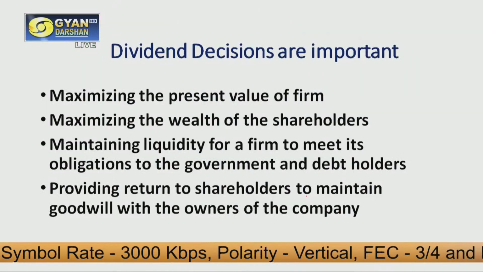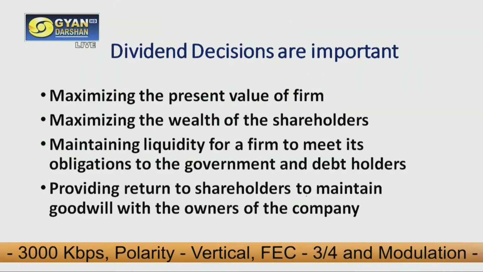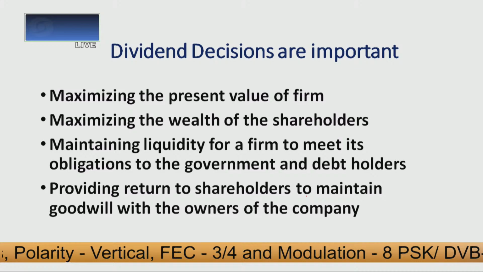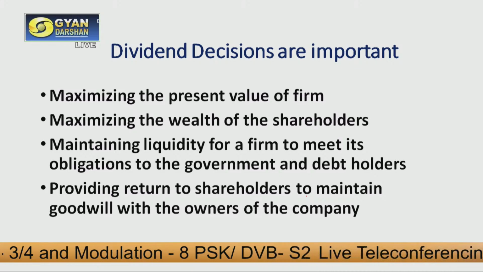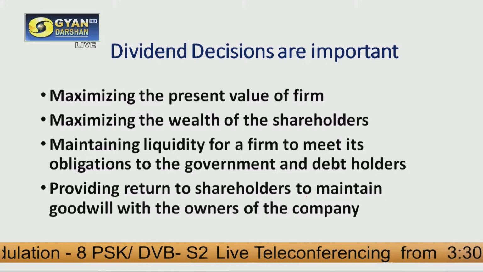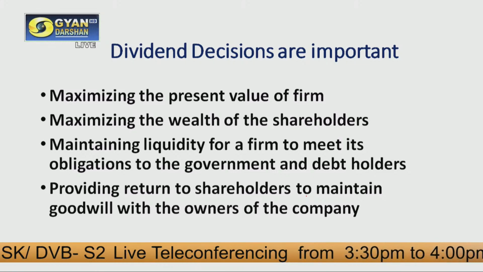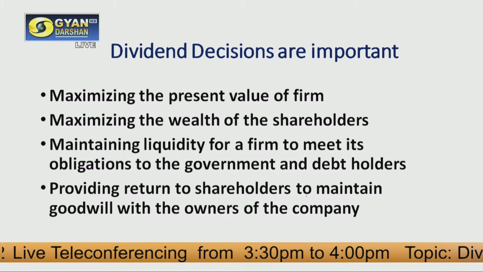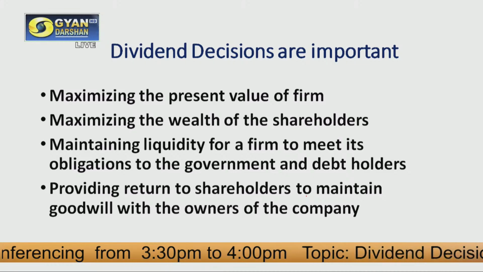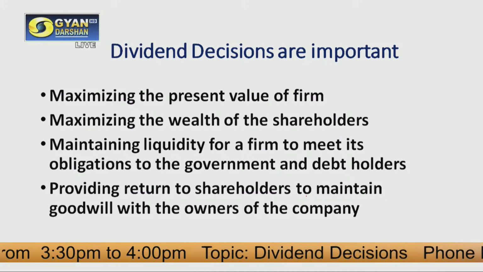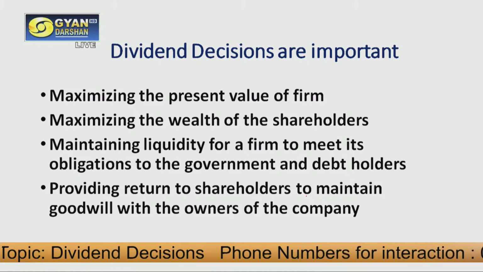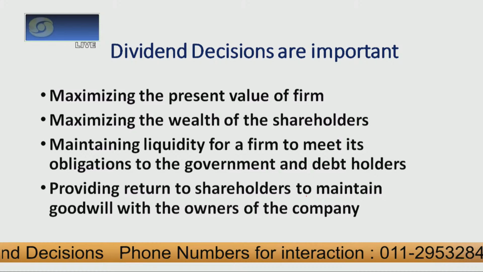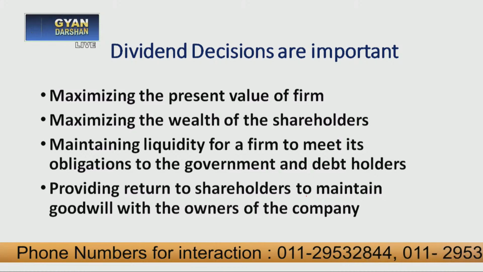But why are these decisions important? When we take these decisions correctly, they help us in maximizing the present value of the firm. They also help in meeting the ultimate aim of financial management, that is, maximizing the wealth of shareholders. At the same time, these decisions help us in maintaining liquidity for the firm to meet its obligations either to government or to debt holders.